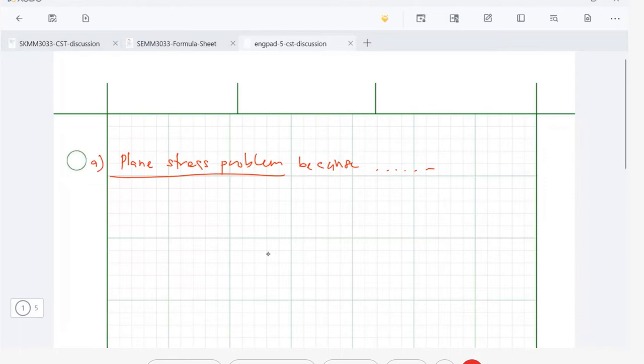I think I've received a question. I don't remember from which class, is it NUMEC class or FE class? But students keep asking me for answers. I will not give you the answer straight away. What I want you to do is to find the answer. I will guide you to get the correct answer, because this is a learning process.